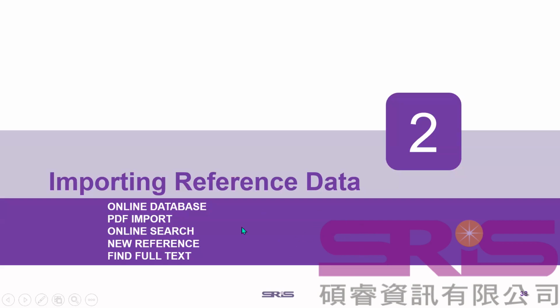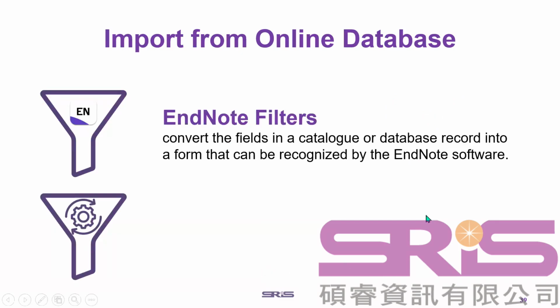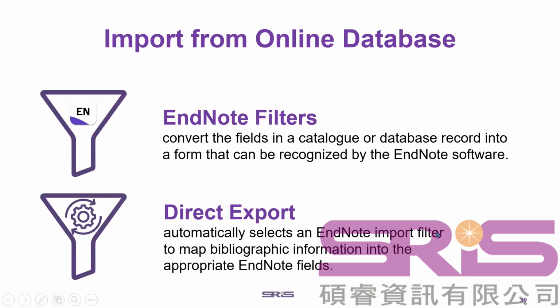The first one is finding references from online databases. Actually, every time you find references from an online database, it goes through the EndNote filters, and some you can very easily just click on the file and the references will be directly imported into your EndNote library.